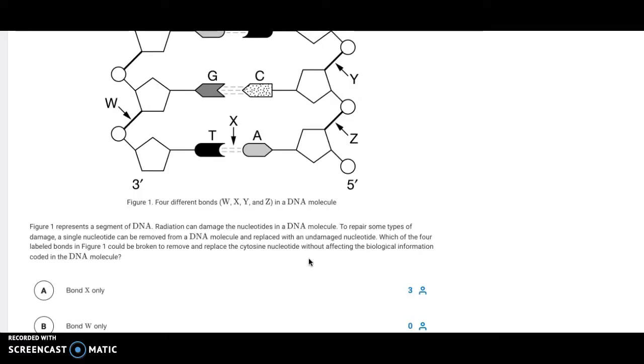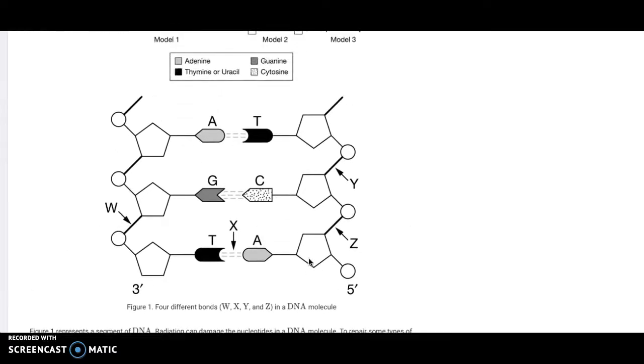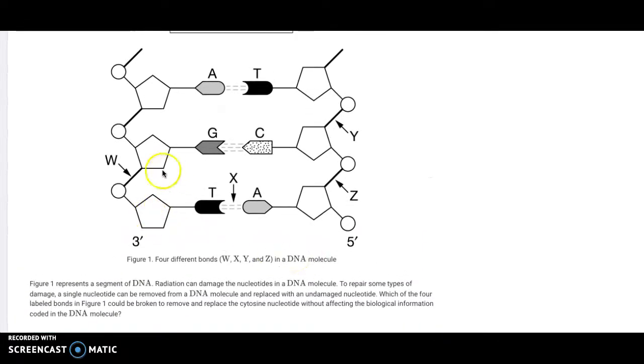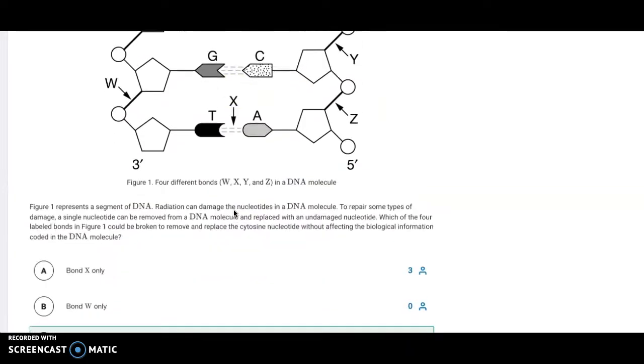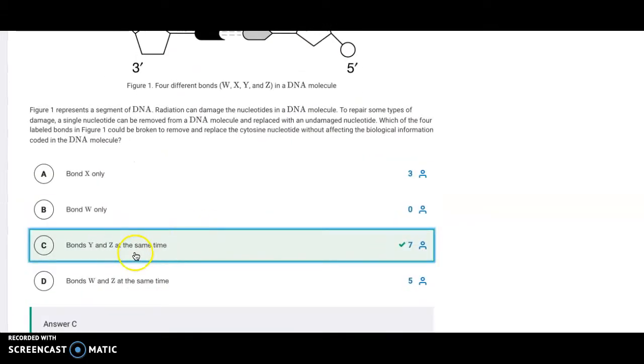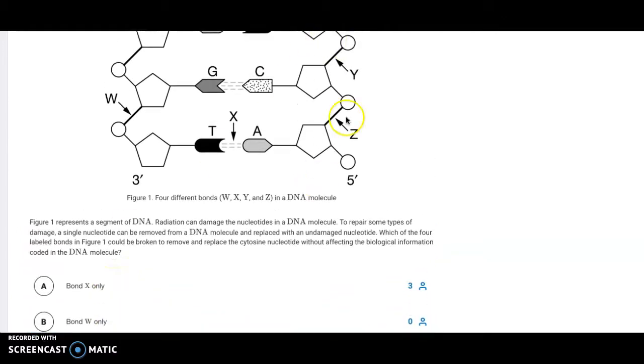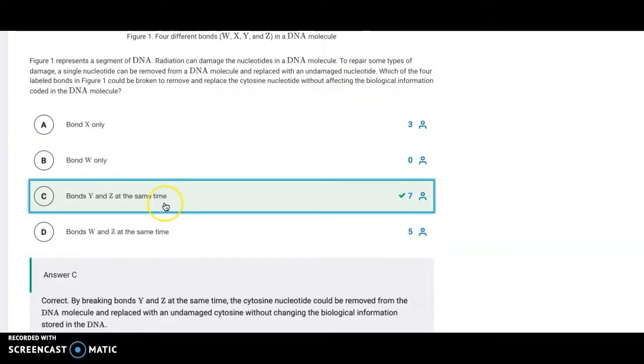Some kind of quizzing thing about the different bond types, because I get the sense that this is a weakness for some of you. So covalent bonds versus hydrogen bonding, how they're demonstrated. The most often selected answer was bonds Y and Z are the same.